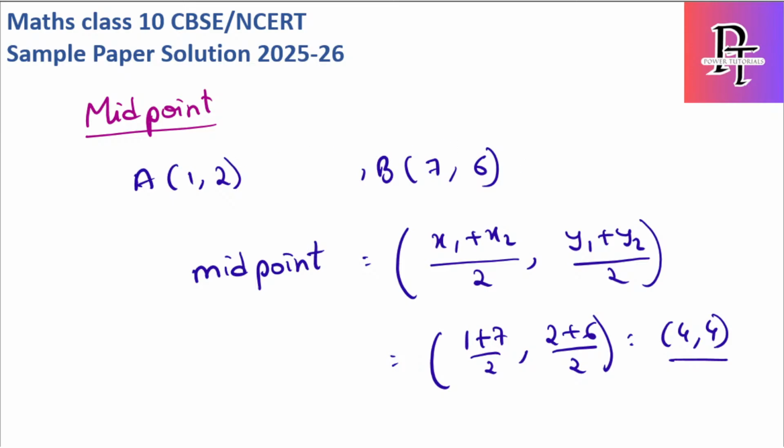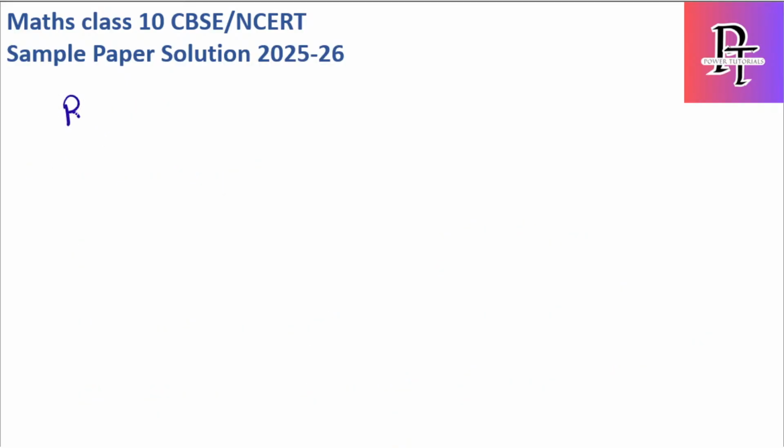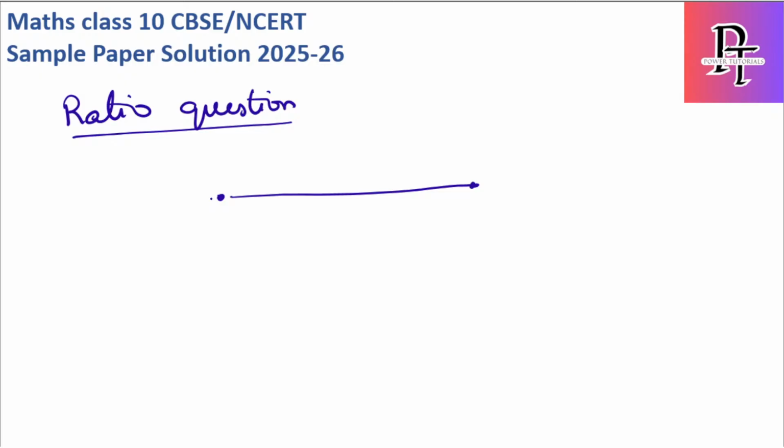Okay, let's see the next topic, which is, if a point is dividing in a ratio, how to find that point. So we have A and B here.